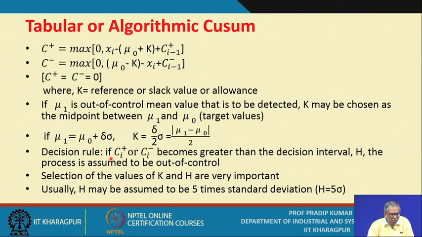So what is the decision rule? If Ci plus or Ci minus becomes greater than the decision interval h, this is very, very important. That means you are controlling the cumulative sum of the deviations from the target at a particular point in time. Is it okay? And it is continuing.